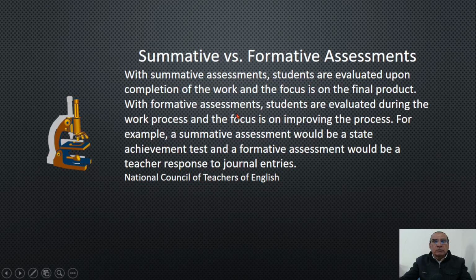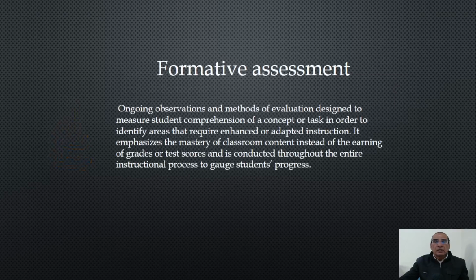With formative assessment, students are evaluated during the work process and the focus is on improving the process. For example, summative assessment would be the state achievement test, and formative assessment would be a teacher's response to journal entries. So that is the difference between formative assessment and summative assessment.